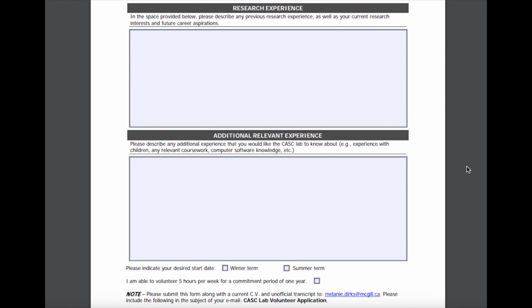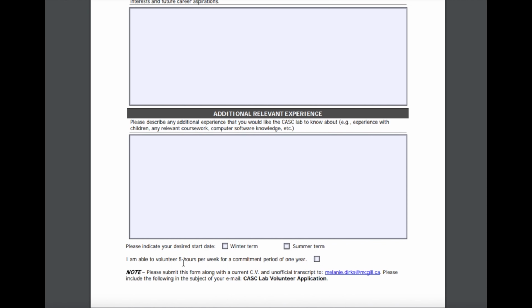I am saying that you need to read it thoroughly because a lot of times they can ask you for further requirements to apply, such as here, where you can clearly see that they're asking you to send all the information to another email address as well as the previous one, and they're asking you for a specific subject line, which is KASC Lab Volunteer Application.